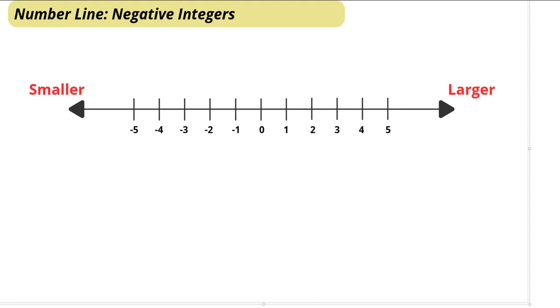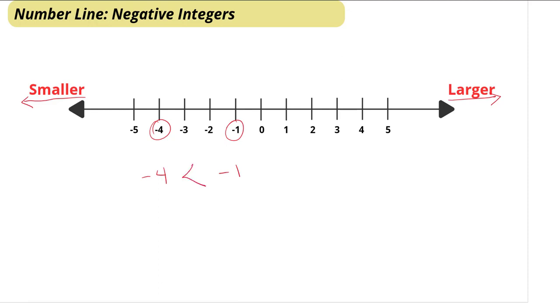So let's say that we're going to compare the numbers -4 and -1. Well, notice on any number line, the further you go to the right, the larger the numbers you get. As you go to the left, the numbers get smaller. So if we're comparing -4 and -1, -4 is to the left, so it is smaller than -1.